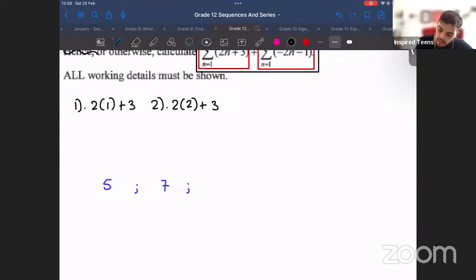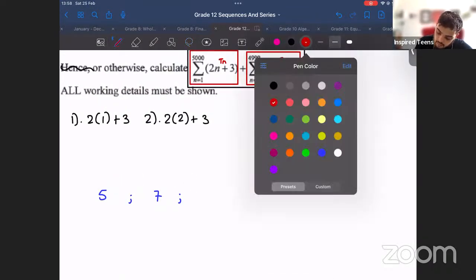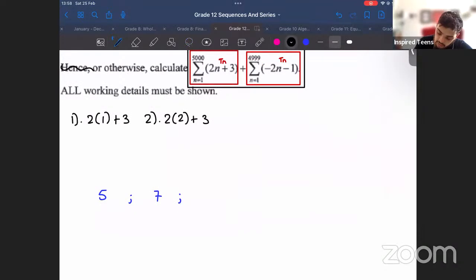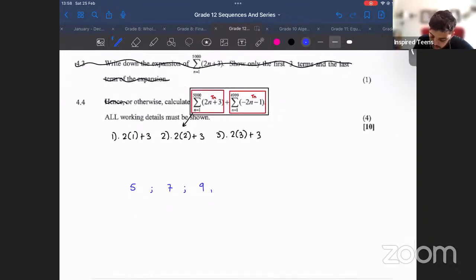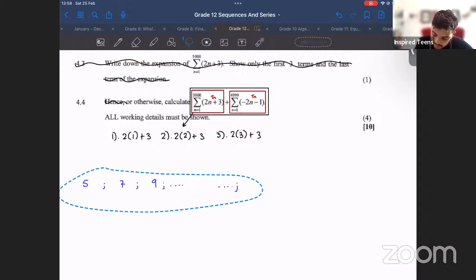Then we have 2 into 3 plus 3, and that gives us 6 plus 3 is 9. Okay, so that's the first 3 terms. I'm going to say comma, dot, dot, dot, continue again, comma, and do the last 3 terms.